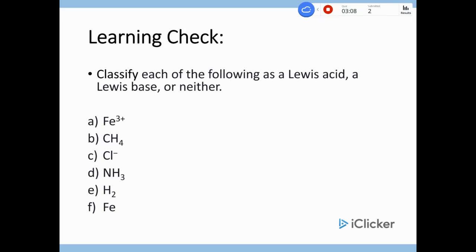So acid, it has already lost electrons, but it could gain more.